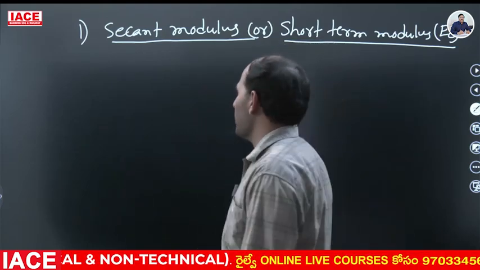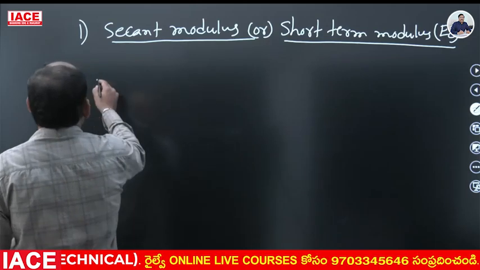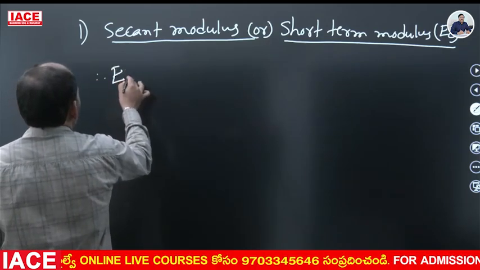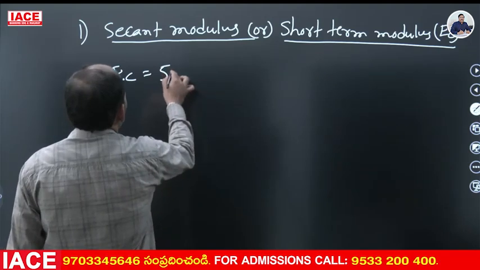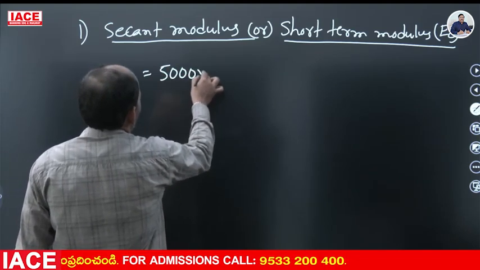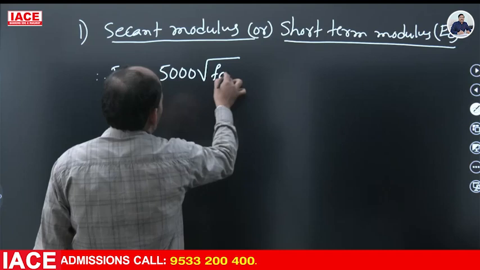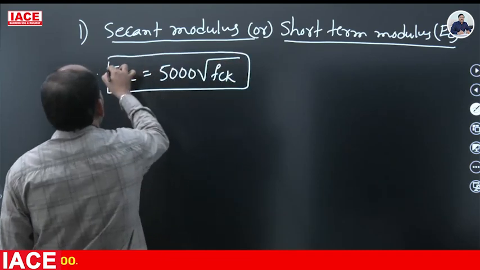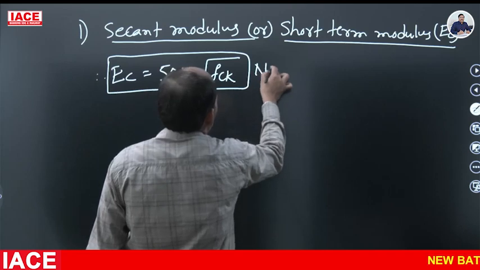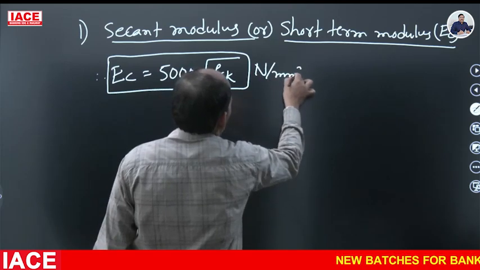The short term modulus is equal to 5000 under root of fck, in Newton per mm square or megapascal.